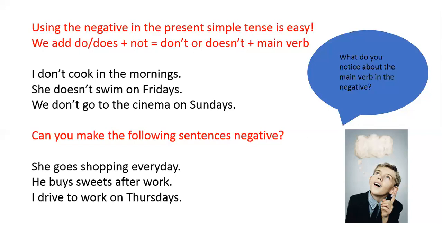So what do you notice about the main verb in the negative? Let's have a look at number 1 again. She goes shopping every day. So the negative, that would be she doesn't go shopping every day.